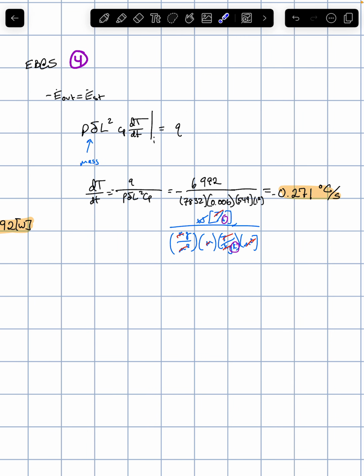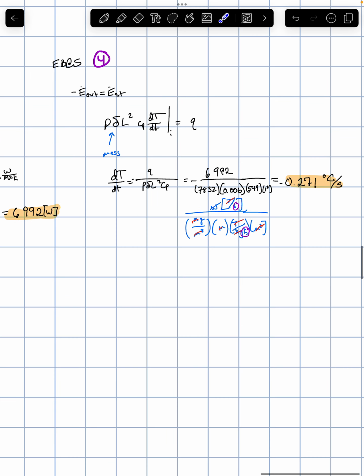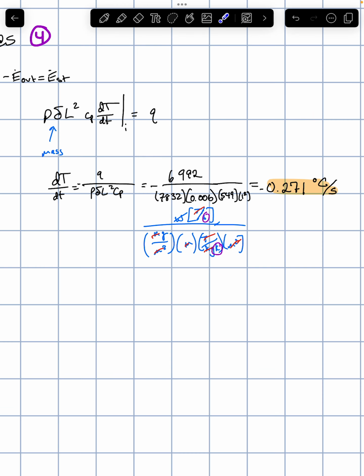So we have our energy out equal to the energy stored. So solving for that, we have rho times delta times length squared times Cp times delta temperature over delta time at this position, which we are going to go ahead and solve for that dT, which just ends up being that heat transfer over the rest of those terms.